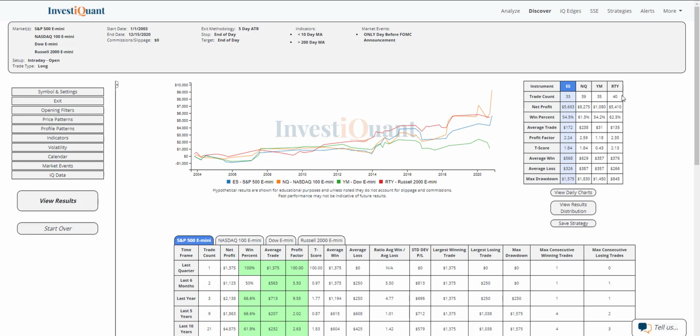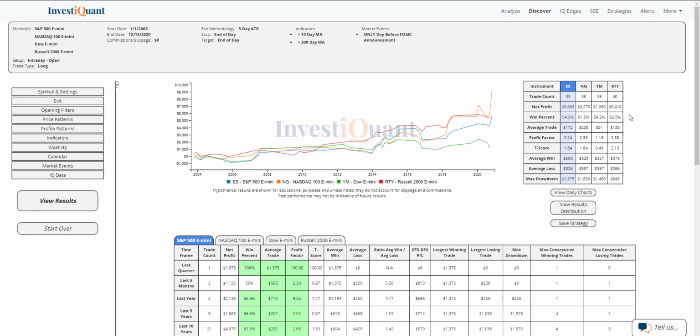If we look at the win rates, all of them were just slightly favored. We've got S&P 55%, the Dow the same, 55%, whereas the NASDAQ and the Russell are both a little bit stronger, NASDAQ coming in at 62% and the Russell 63%. These percentages are telling you the historical win rate for closing above the opening price, so essentially a green candlestick for the session.